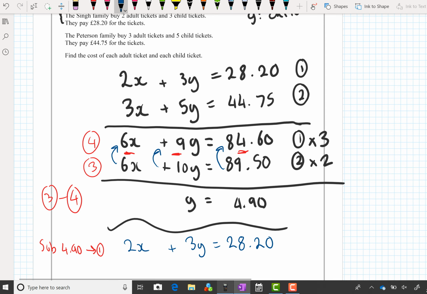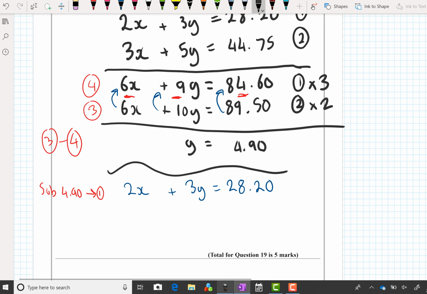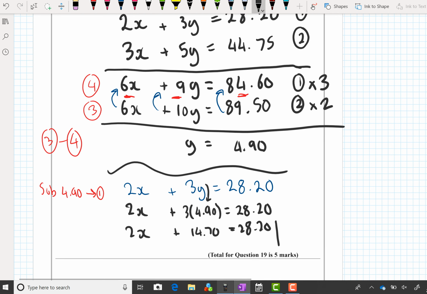Back to black, yes. 2x plus 3 times, I'm going to put it on one more line just to make it super crystal clear. Put in y as £4.90 into there. 2x plus 3 times 4.90 is £14.70 equals 28.20, and then I'm going to solve it. So subtract the £14.70 from both sides.